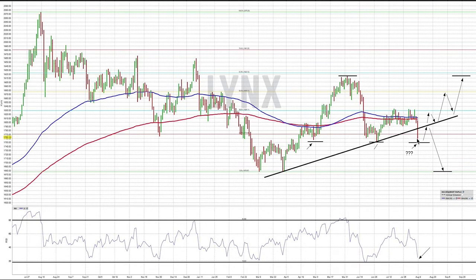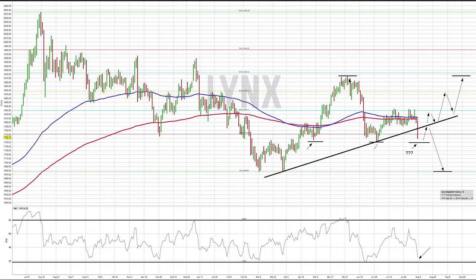On top of that, you see I added a lot of arrows just to show a possible reaction where the price of gold could head to. So you see the first move up here to the ascending trend line and a breakthrough of the ascending trend line, testing it back there and going back up to the 50%, going back down to the 38.2%, and rocking up to that 61.8 level, which is actually at 1,923 bucks.